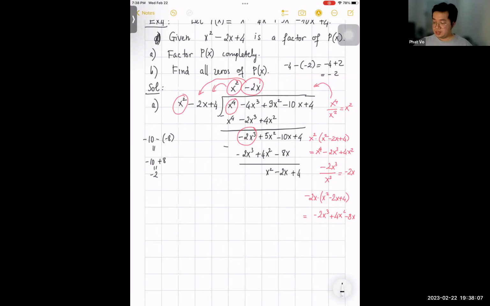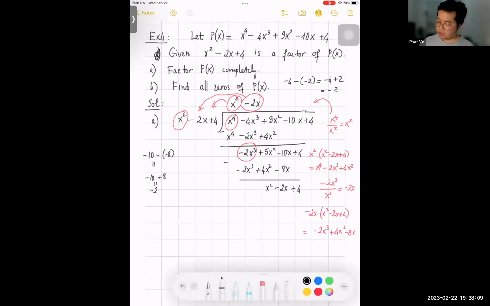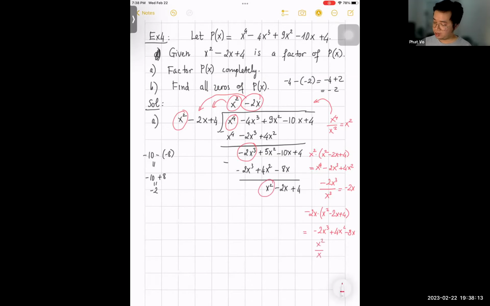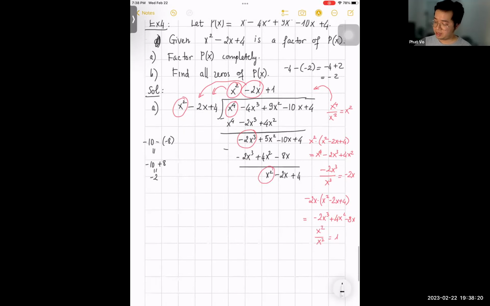Now we divide one more time. x^2 divided by x^2 is 1. So put 1 in this line. And after that, we get the result here is 0. This is the remainder. And the quotient here is x^2 minus 2x plus 1.